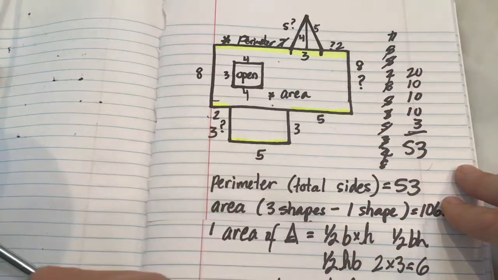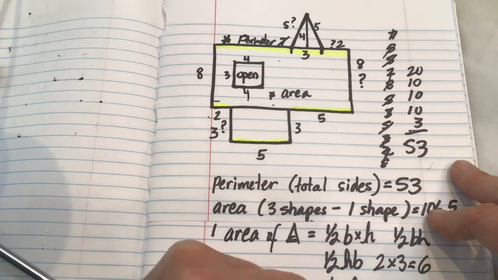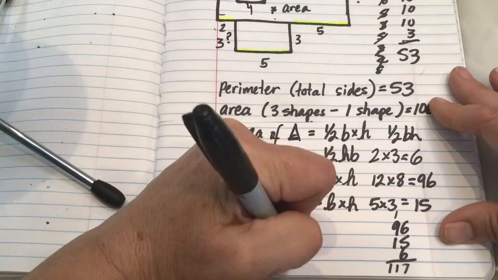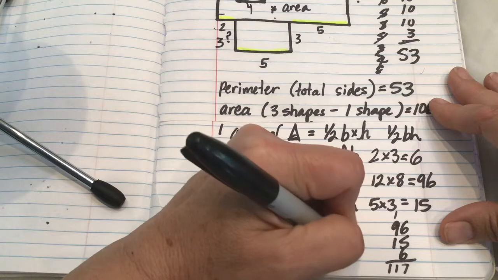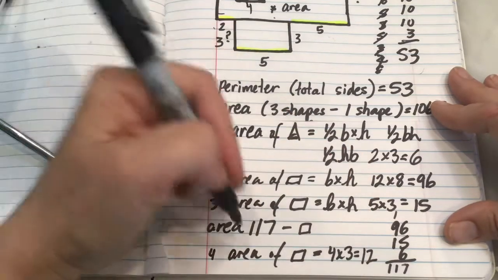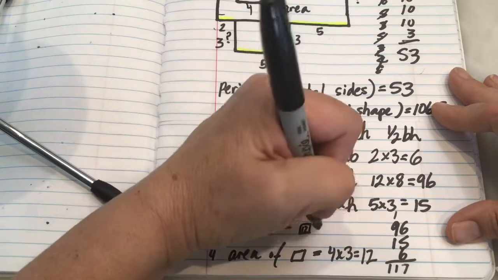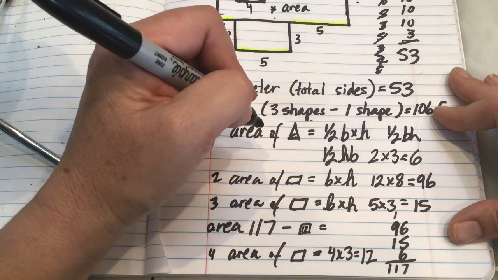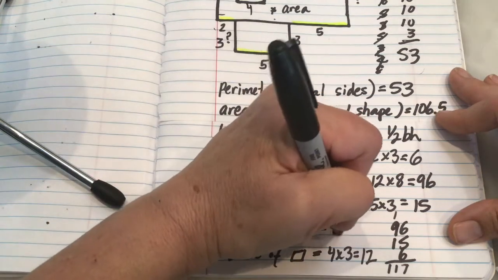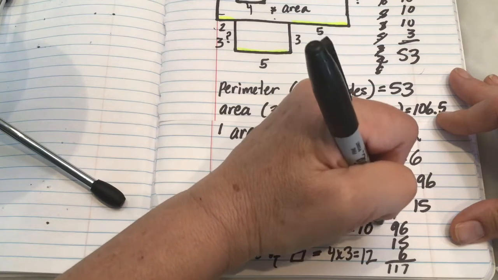So I have to subtract that 4th figure, the area of that square, which is 4 times 3, or 12. So now I have to take the 117 and subtract 12 from it in order to reveal my true area of this figure. Area equals 105.